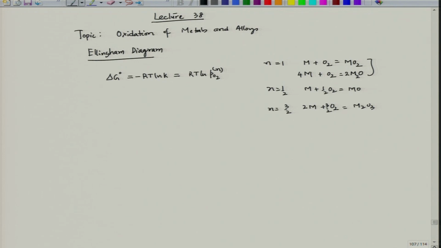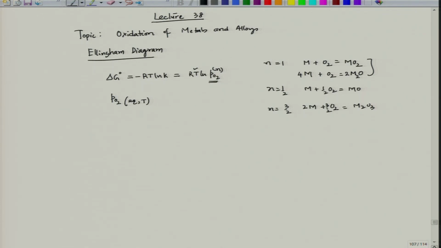Now, from this equation we get to know that the PO2 here is the equilibrium partial pressure of oxygen at the temperature where we are carrying out the oxidation, and this is a fixed temperature.